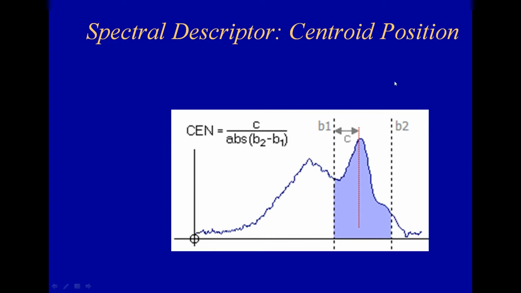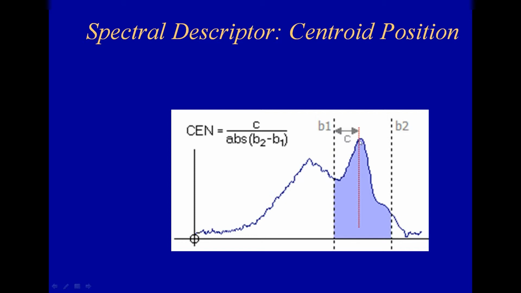Quite an interesting descriptor is the position of the centroid. The centroid is calculated within the two markers B1 and B2, and the red line here is indicating the centroid. The spectral descriptor, the variable which is finally going into the data analysis, is just calculated as a relative position of the centroid in relation to the entire interval between B2 and B1.